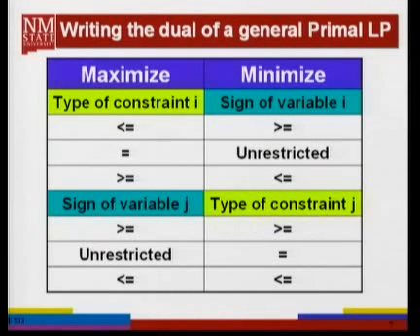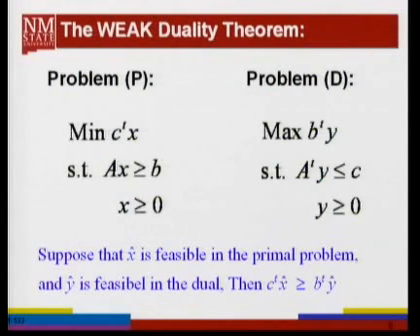We've also learned that the dual problem can be directly defined from the primal problem. That is, the dual of an LP may be found by first rewriting the LP in the form of one of the LPs in the symmetric primal-dual pair, and then using this table we can construct the dual problem. And the last thing we learned last time is the weak duality theorem.